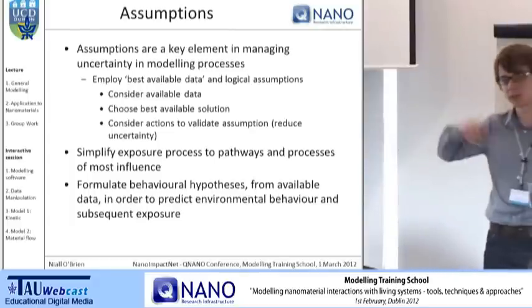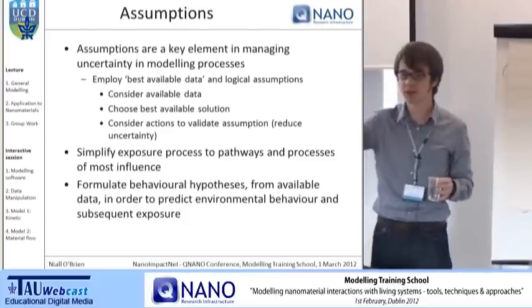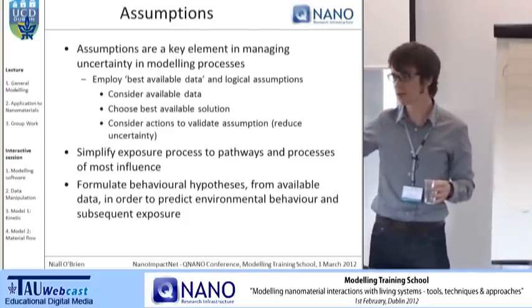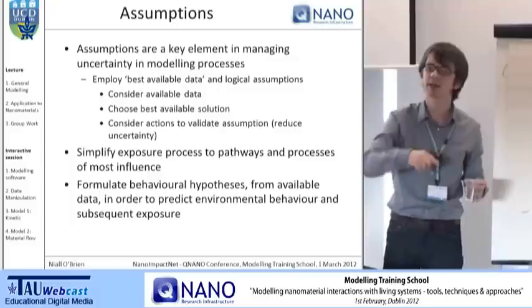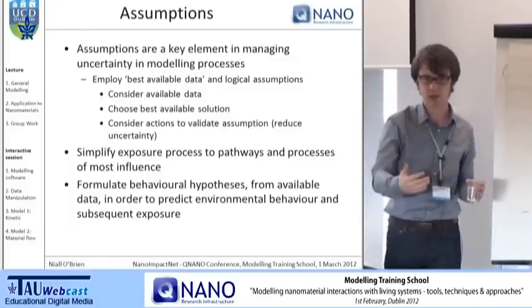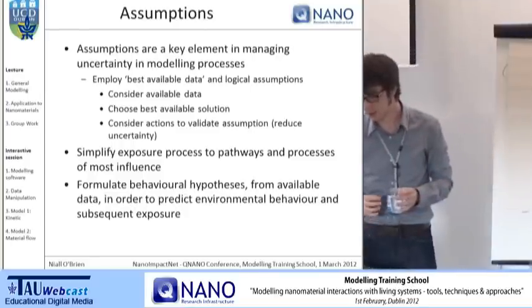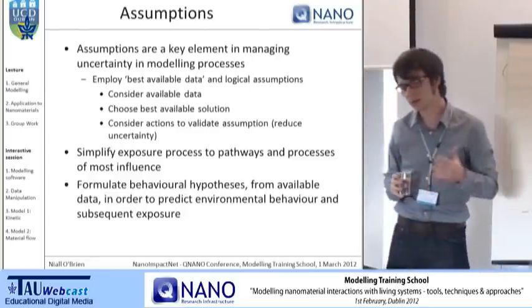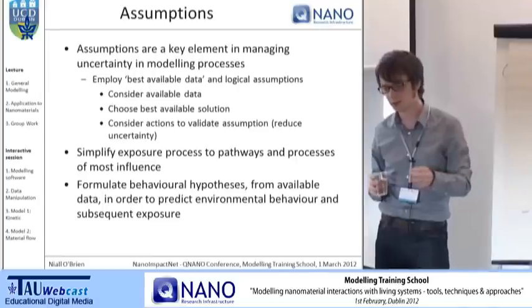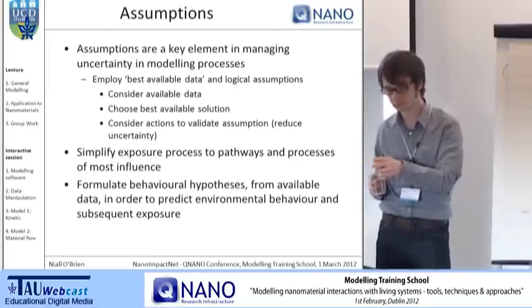So we may run our model and find which elements have the most influence on exposure or on a certain behavior. And then we can go back and see how we can reduce the uncertainty associated with this element through further study, through improved modeling, things like this. And then we can also simplify the exposure process to the pathways and processes of most influence to final exposure or the final behavior.